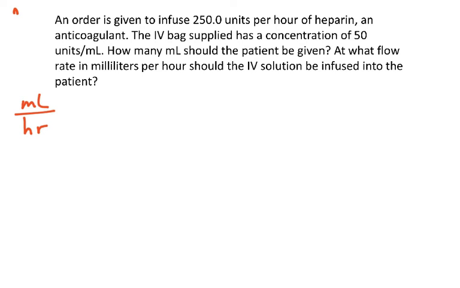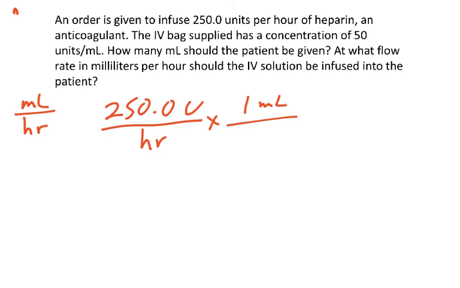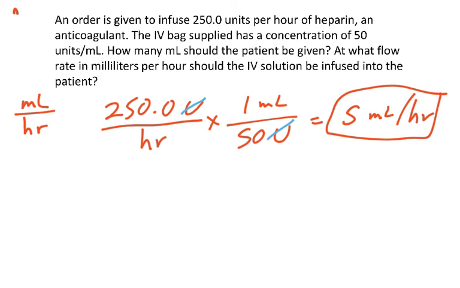So I will start with 250 units per hour to put hour on the bottom, and then 1 milliliter is 50 units, and units cancels out, so we get 5 milliliters per hour. So how many milliliters should the patient be given is 5 milliliters, and the flow rate set on the IV would be 5 milliliters over the course of an hour.